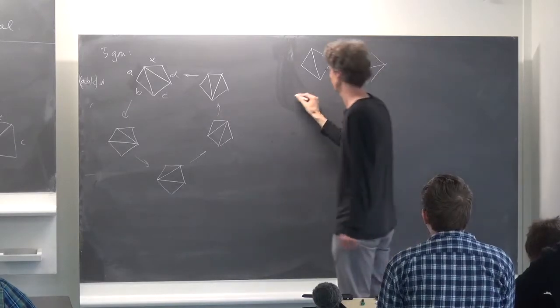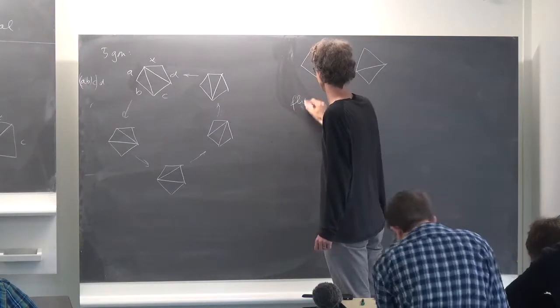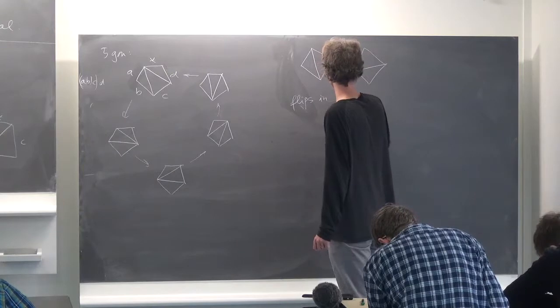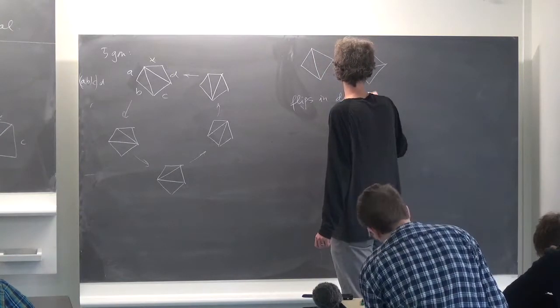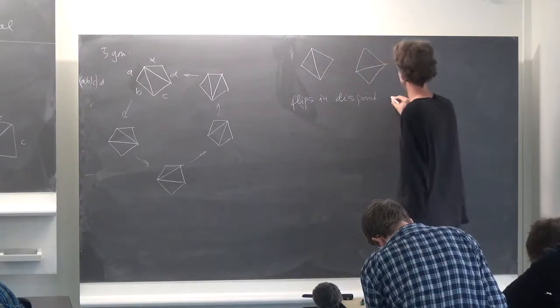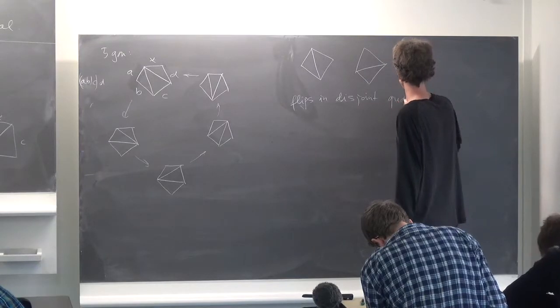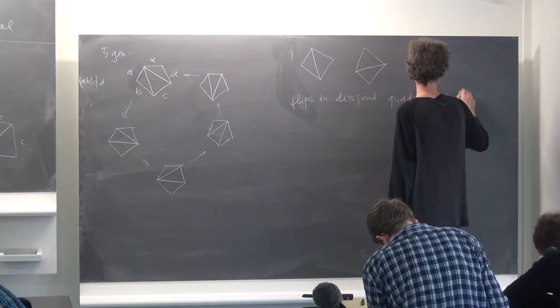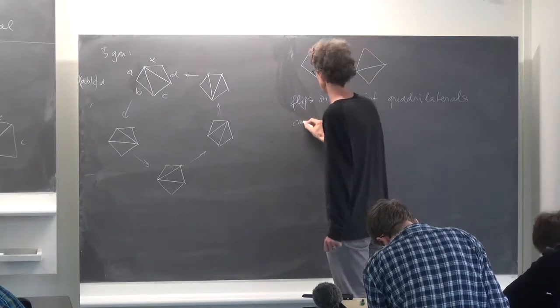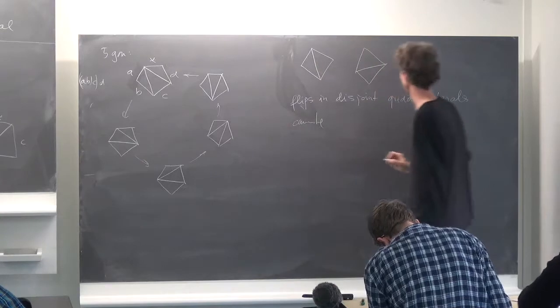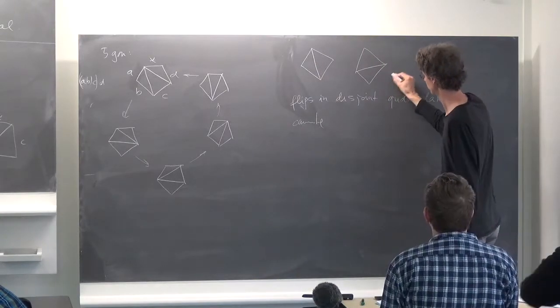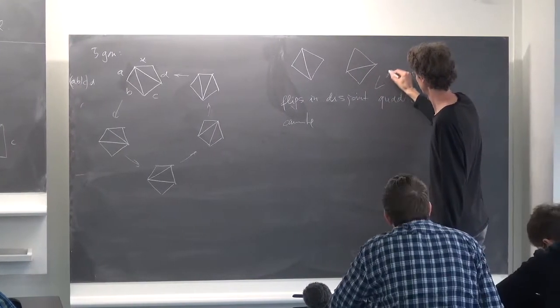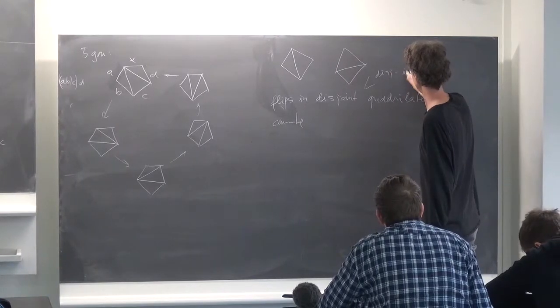Whether you flip first here and then flip there, or whether you flip first there and then here. Okay, so flips in disjoint quadrilaterals commute. By disjoint, I mean disjoint interiors.